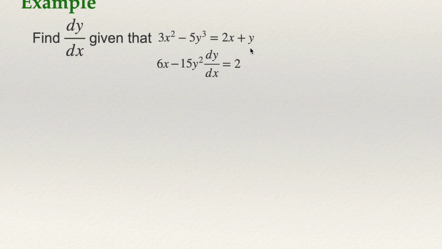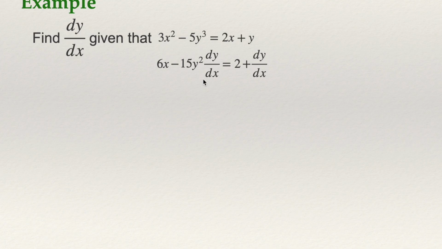But in this case, it's not the independent variable, so you need to multiply by the inner function derivative. The derivative of y is the derivative of y with respect to x. So it will be plus dy/dx. Just noticing that this is y, you need to get the derivative, that will be the derivative of y with respect to x. This is the first step when you're using implicit differentiation.